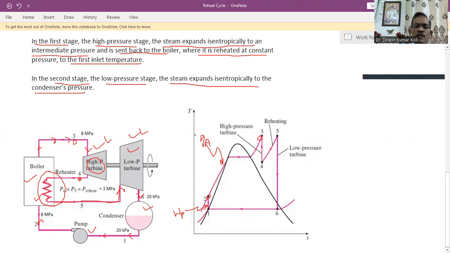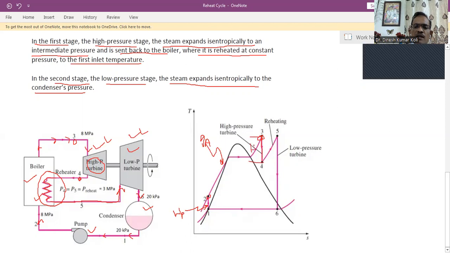In the boiler, heat is added and it produces high pressure steam, and at point 3 the steam enters the high pressure steam turbine. From point 3 to point 4 is the isentropic expansion in the HP turbine.